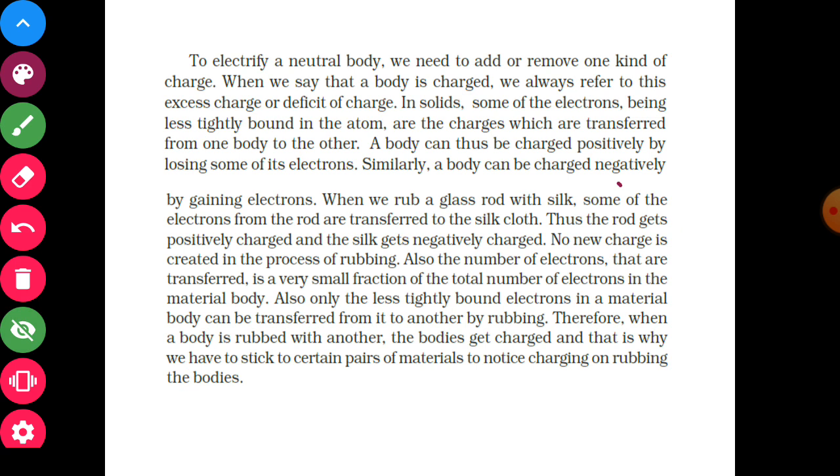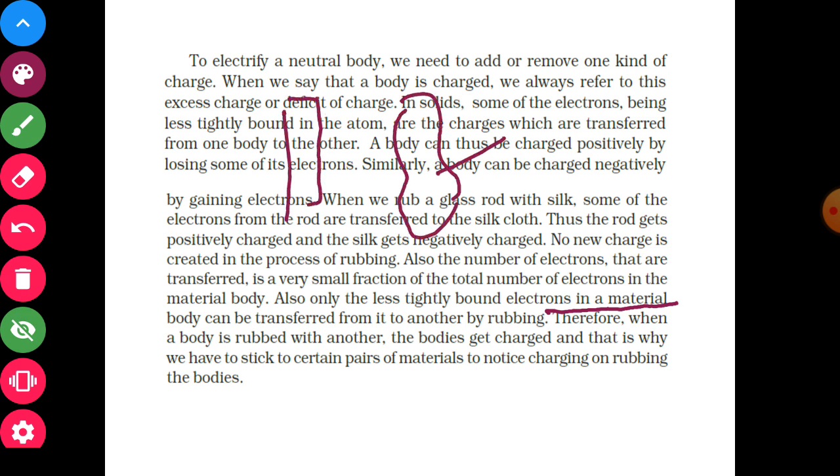Also, the number of electrons that are transferred is a very small fraction of the total number of electrons in the material body. All the electrons are not transferred from one body to the other. Only a very small amount of electrons are transferred. Also, only the less tightly bound electrons in a material body can be transferred from it to another by rubbing. This is the process of rubbing.